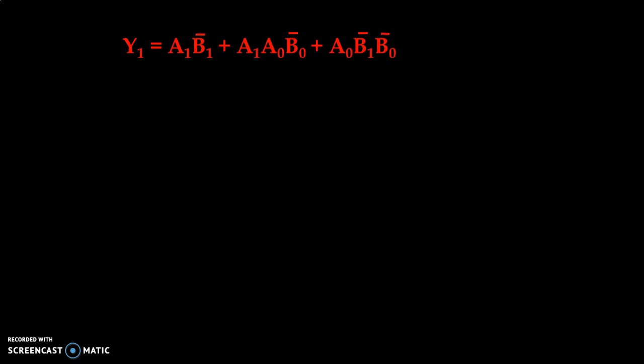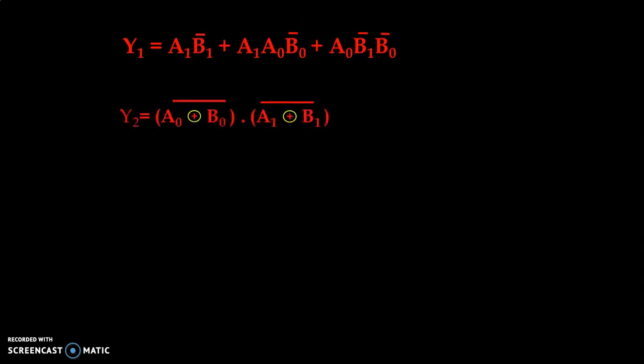Y1 has three product terms and is in SOP form. So we use a NOT gate, AND gate, and OR gate because it is in the SOP form. First, we require AND gate with 2 inputs; in the remaining two product terms we have 3 literals, so we have to use AND gate with 3 inputs.